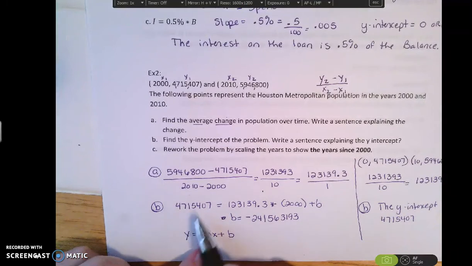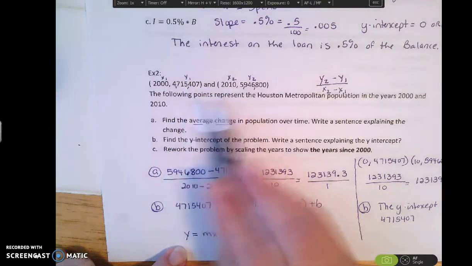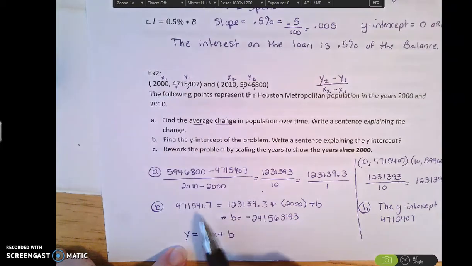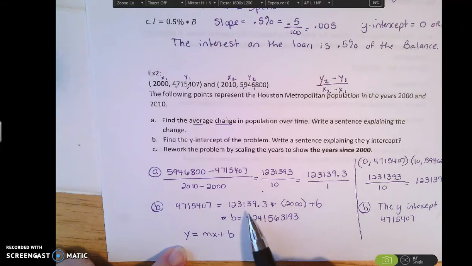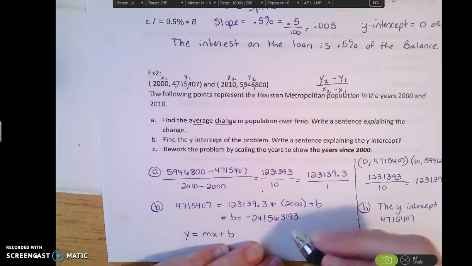We pick either one of the points that we want. I'm picking this one. So the y value that we have is 4,715,000, the slope is 123,000, and the year is 2000.